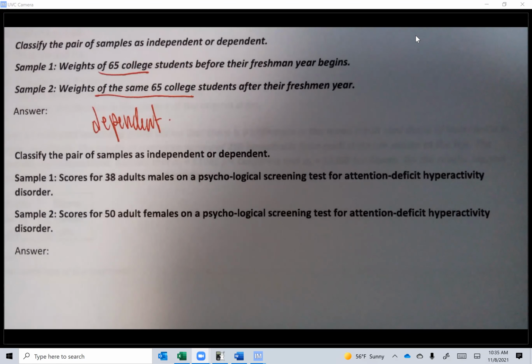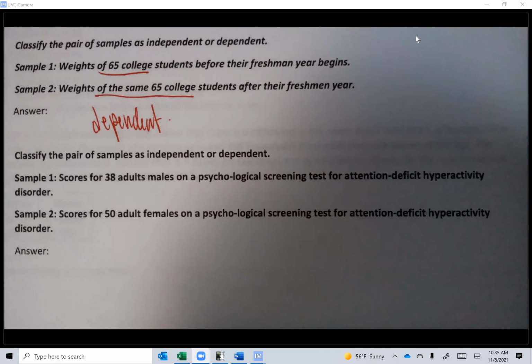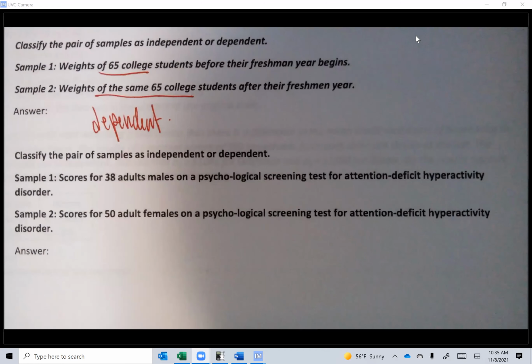What do you guys think now? Independent. 100%, 38 male, 50 female. They have nothing to do with each other. If you can track that the members of the first sample are the same as the members of the second sample, then they are dependent. But here they're two different groups, males, females, nothing in common, independent.